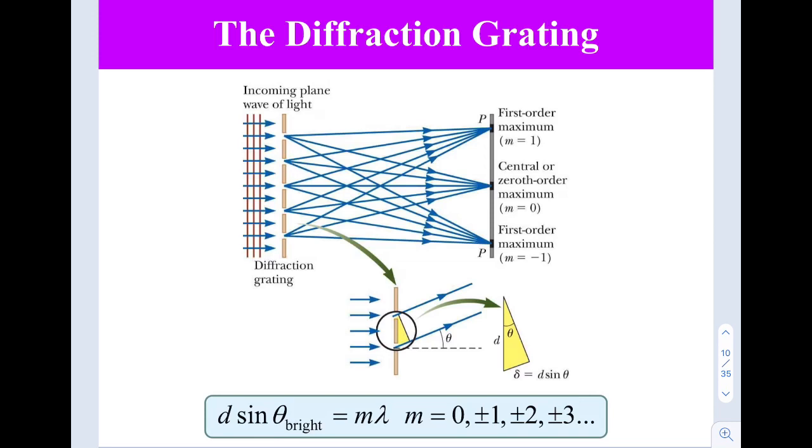The spaces between the grooves are transparent to the light and hence act as separate slits. The reflection grating, the second type of grating, can be made by cutting parallel grooves on the surface of a reflective material.